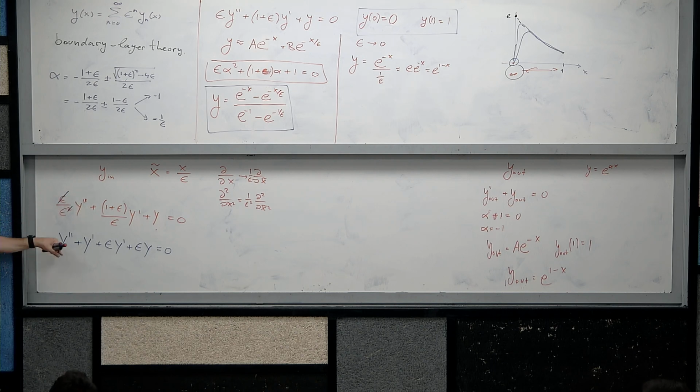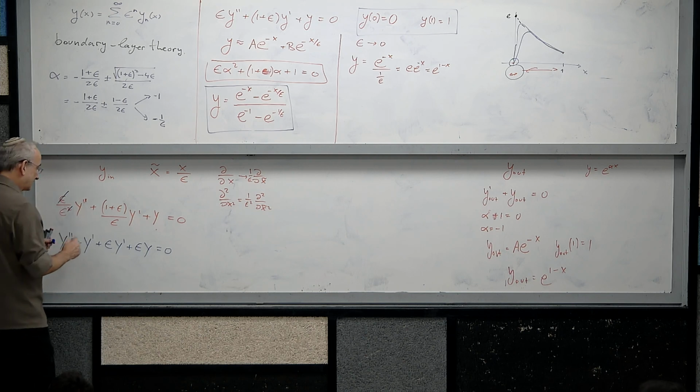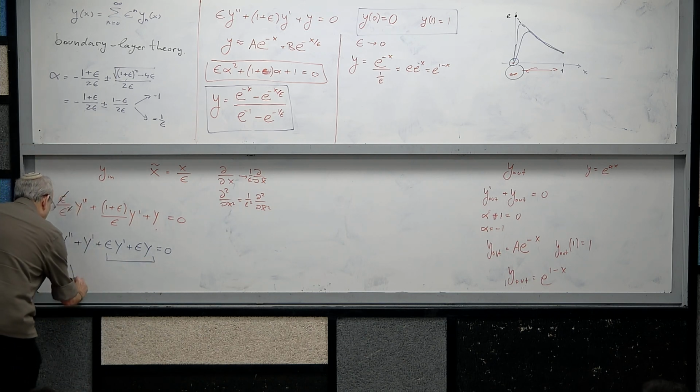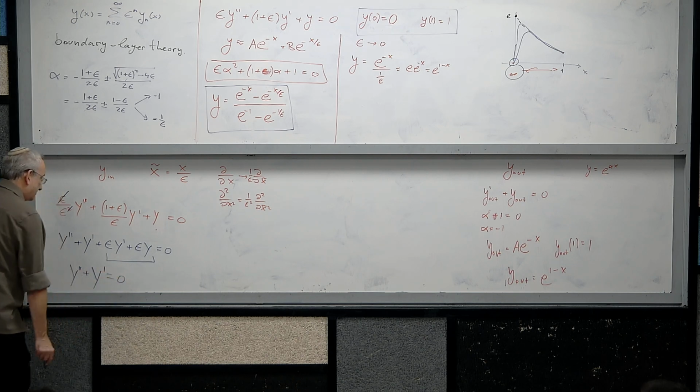Now you see that the highest derivative has no epsilon in front of it. It's the same trick, if you remember, that I did with the algebraic equations, to get the asymptotic behavior. So now I want the asymptotic behavior close to 0, and because of that, I will neglect epsilon. To neglect epsilon is to neglect this part, and what I will find is y double prime plus y prime equals 0.